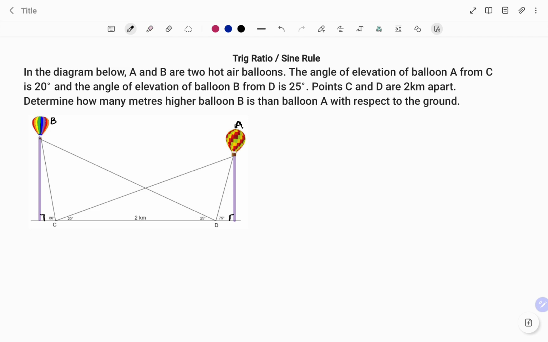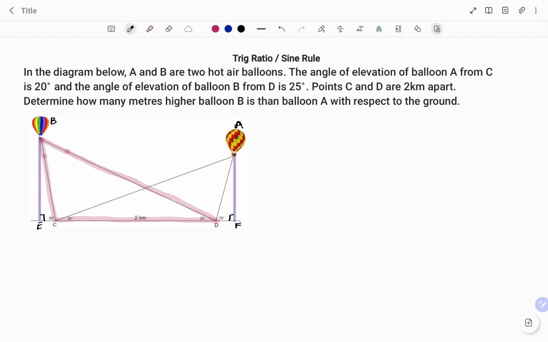I'm going to tag this point E and this point F. So to find the distance BE, I need to find the length CB to complete the right angle triangle. And I can do that by using the triangle I'm highlighting as shown.